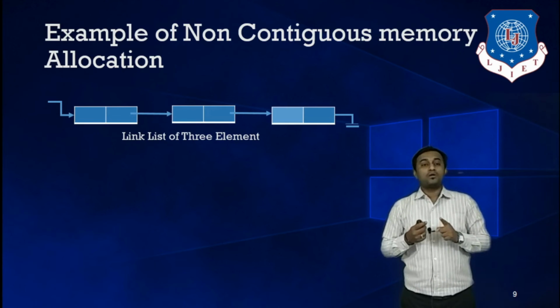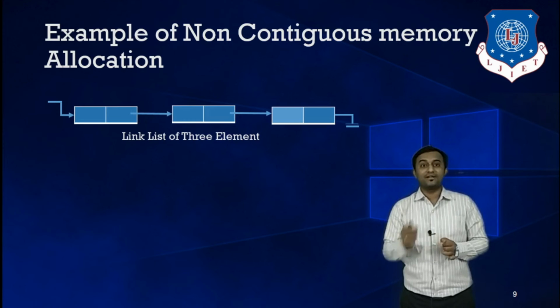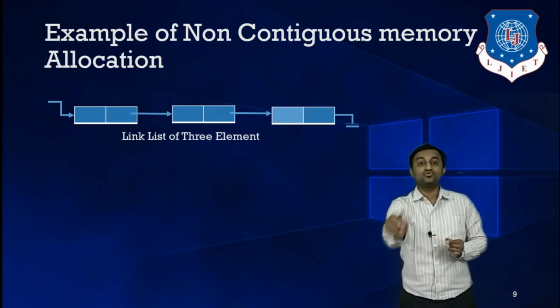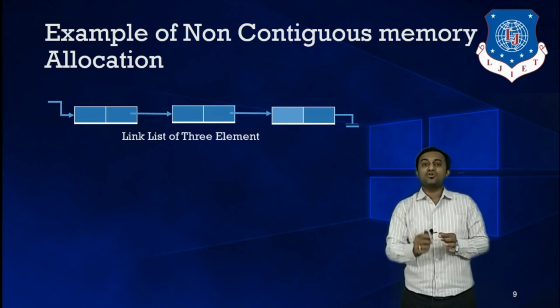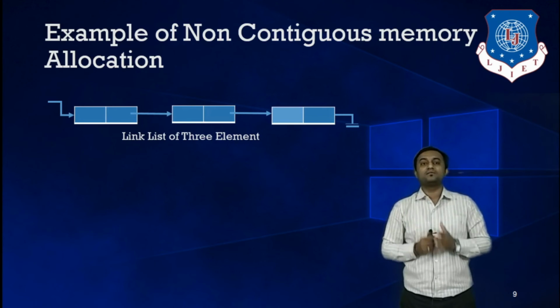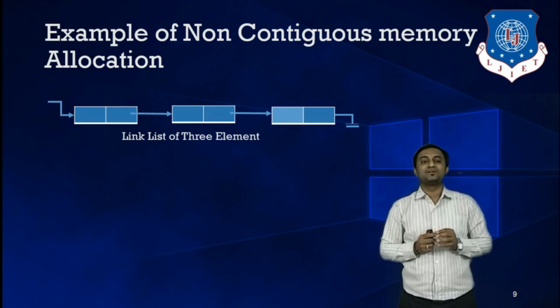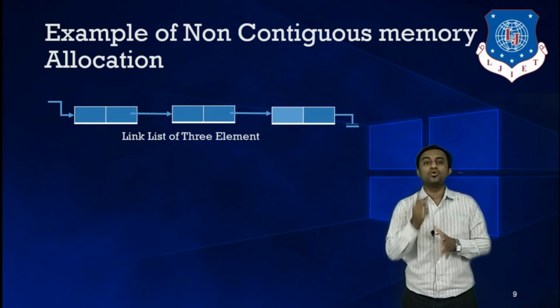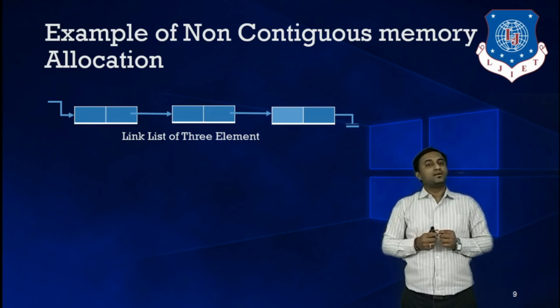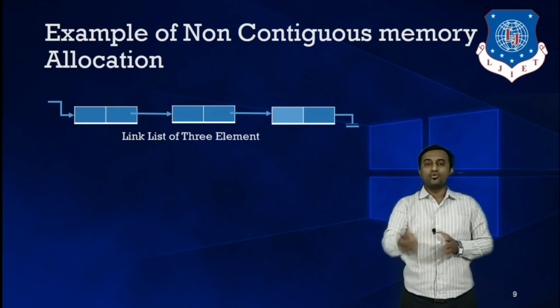So what was the scenario in the case of an array? If you want to search for a particular element, you can directly reach that element. That is the reason why searching time is very fast. But in the case of non-contiguous memory allocation, specifically a linked list, if you want to reach the nth node, you cannot directly reach that node.